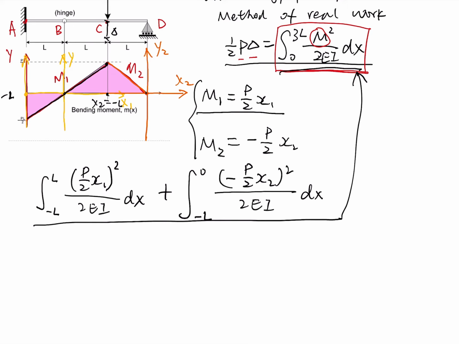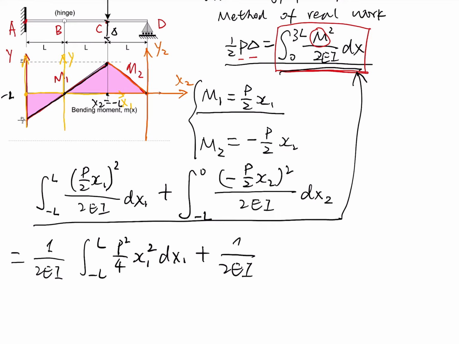Then we will have 1 over 2EI times the integral from negative L to L of P squared over 4 x1 squared dx1, plus 1 over 2EI times the integral from negative L to 0 of P squared over 4 x2 squared dx2. We put 2EI outside of the integrals.